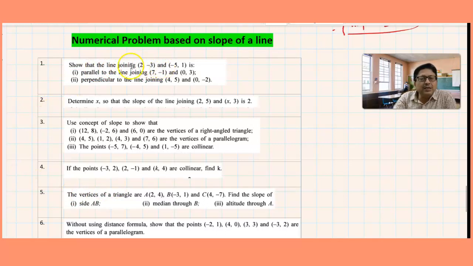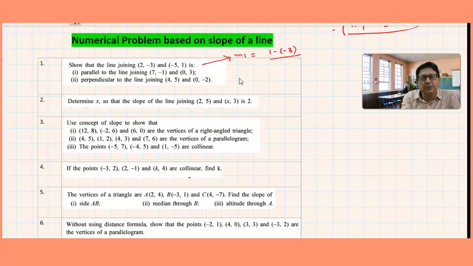First one, so that the line joining this and this is parallel to this. So what we will do first, we will find the slope of this line, this one. What is the slope here? That we take m1, y2 minus y1 by x2 minus x1.